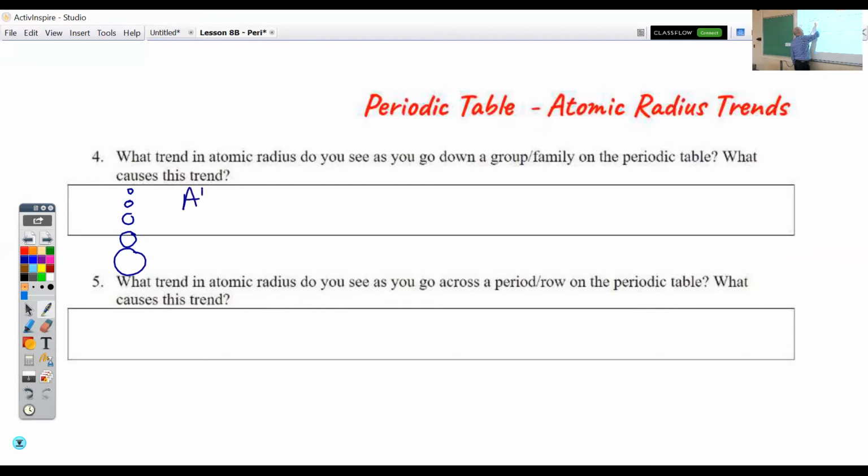So atomic radius increases in size. And the major reason for atomic radius getting bigger is there is an increase in the number of energy levels.